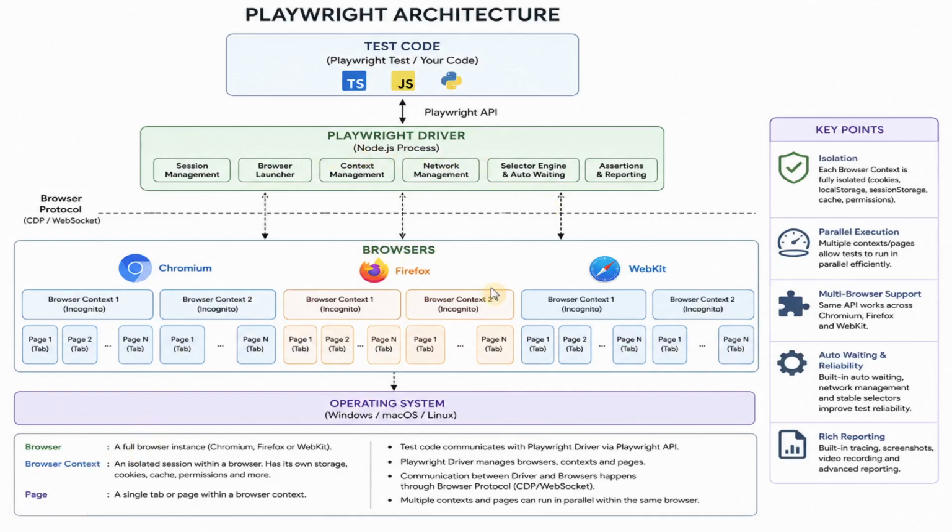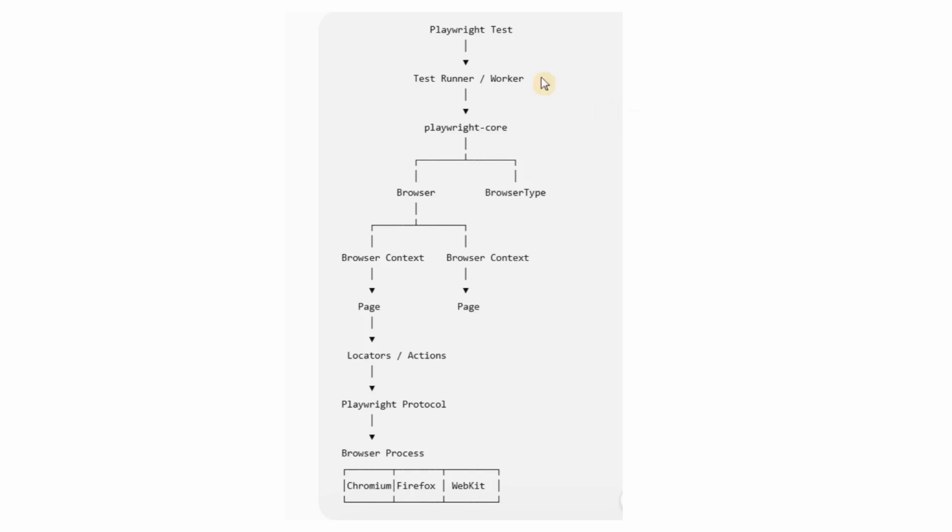And then we have the same thing, as I explained: Playwright Test, your test runner, then Playwright Core, browser type, browser context, page, locators, and actions you will be performing within the page. Then the Playwright protocol will communicate to the browser, which is Chromium, Firefox, and WebKit, and it will send the result back to Playwright Test through the test runner.